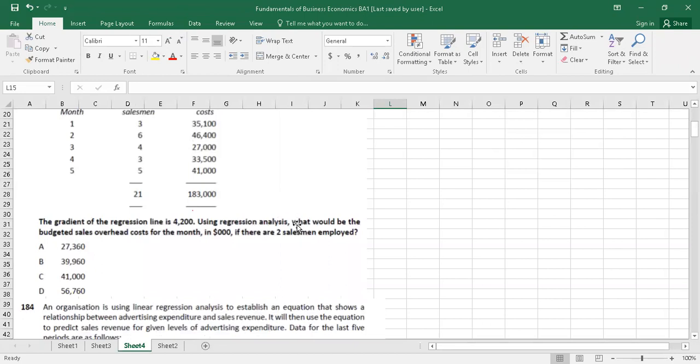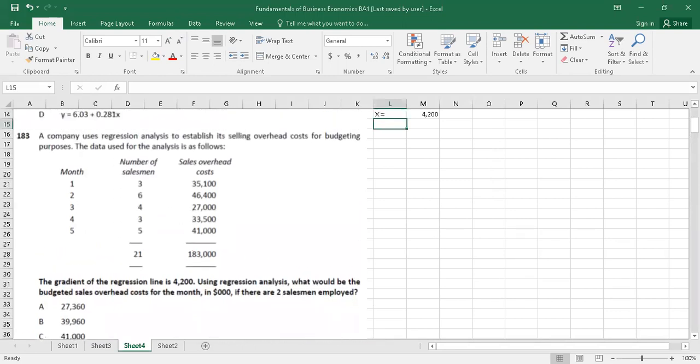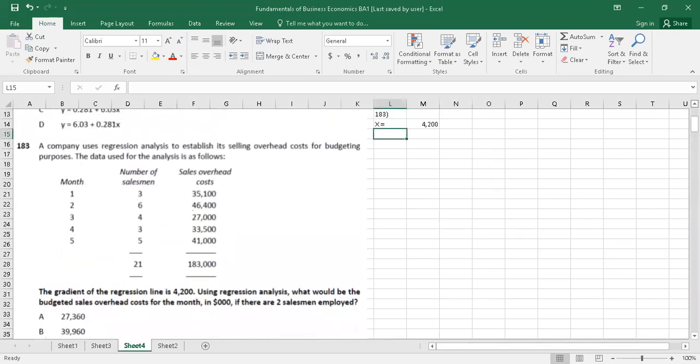The number of salesmen during a particular month, if it is 2, and the gradient of the regression line, which is 4,200, is the cost which is given. Now we need to find out what y is equal to. B is equal to, it says 2 salesmen employed.